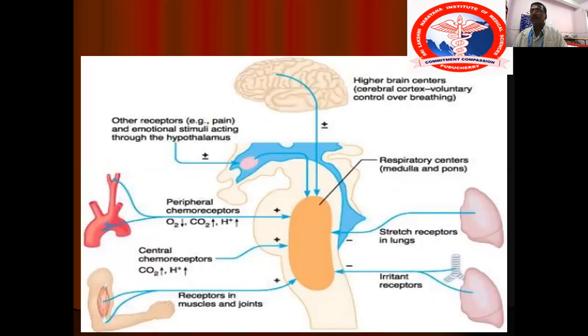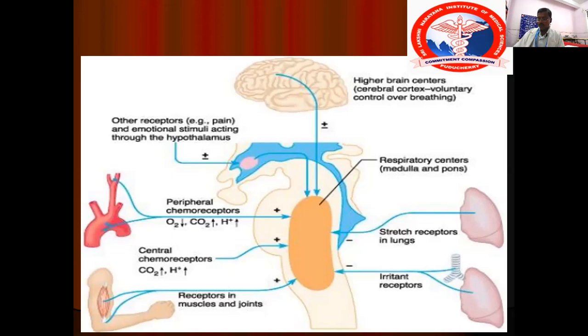These are the chemical regulation pictures. When there are changes in the partial pressure of oxygen or carbon dioxide, or changes in the hydrogen ion concentration, impulses reach the higher centers, which can control the respiratory system voluntarily.